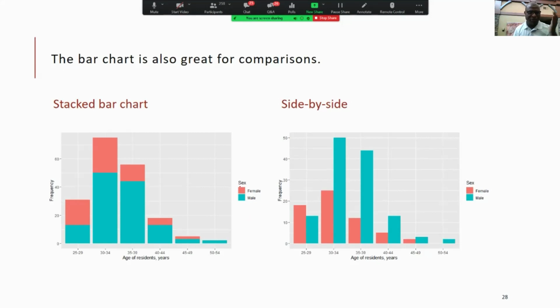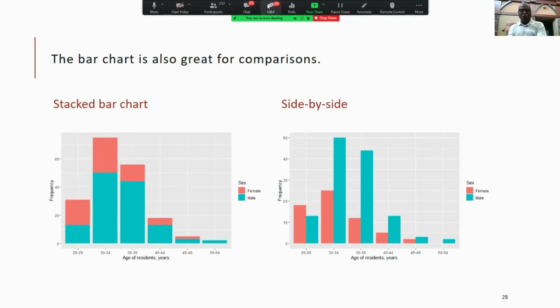And most of the females, when you go beyond age 50, you almost just don't find any female at all. Those are inferences that people can easily draw from this bar chart, just based on the fact that you have a stacked bar chart and you have color codes. Another way in which that data could have been presented is to just have side-by-side comparisons.